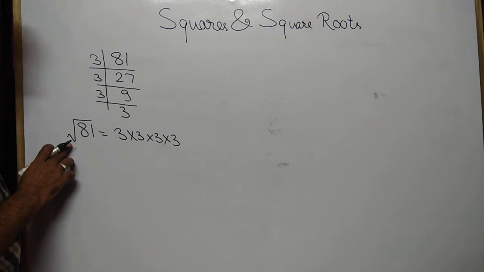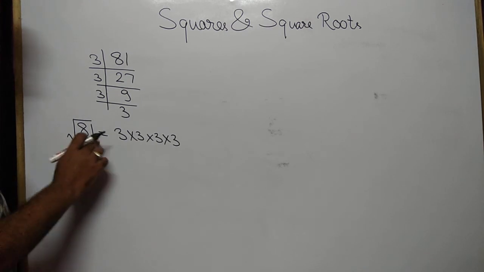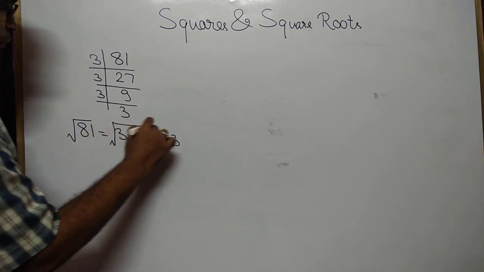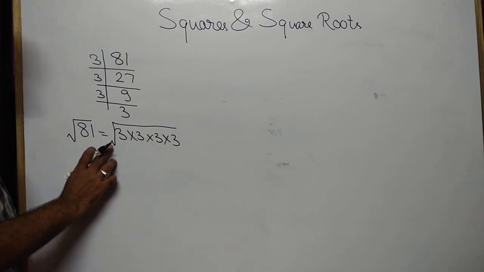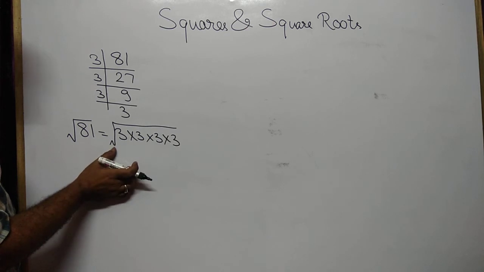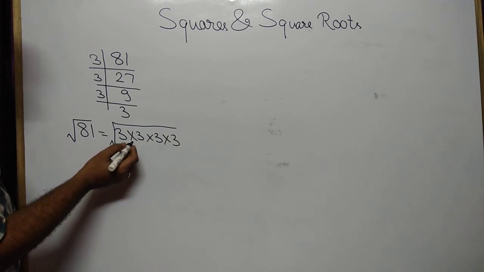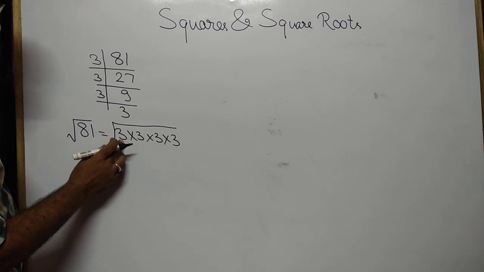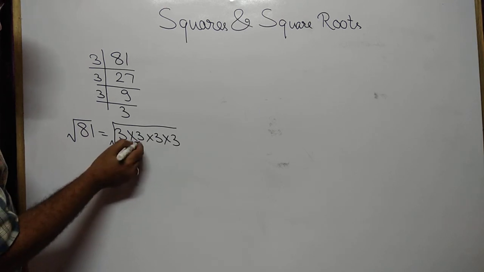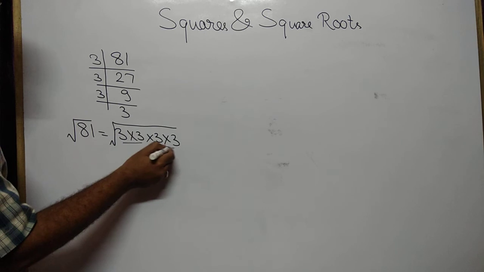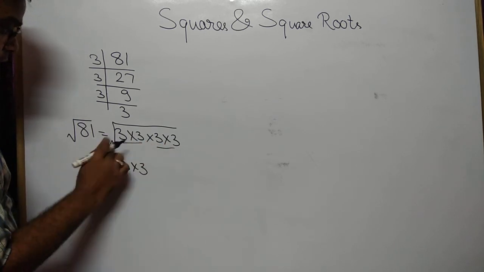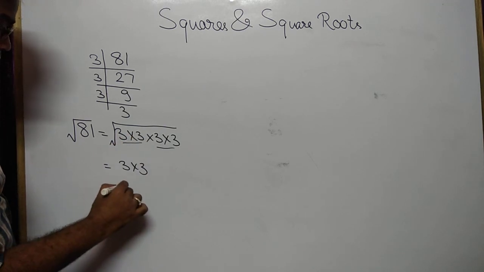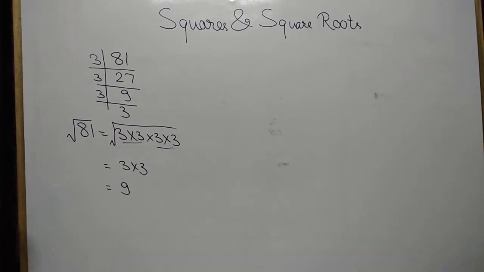So we put the square root symbol over 81 and over the given prime factors. Now remember, for removing the square root symbol we take out the same type of prime factors in pairs. This is one pair, this is the other pair. So here we can write 3 into 3 and remove the square root sign. Now 9. So what is the square root of 81? It's 9.